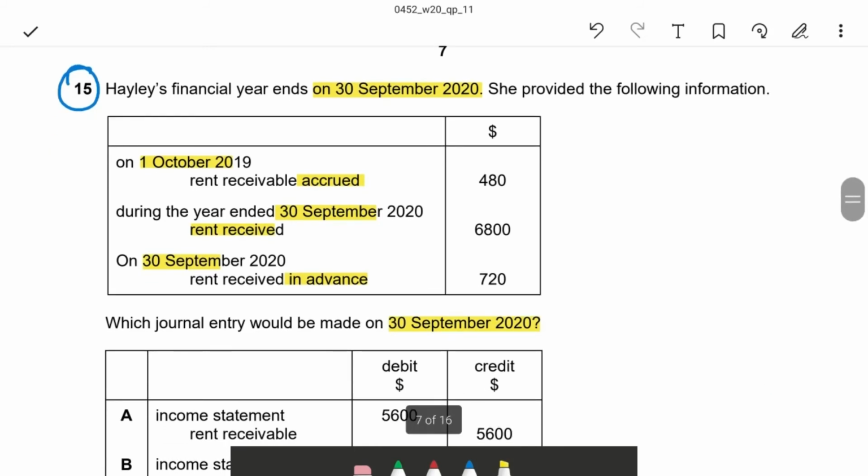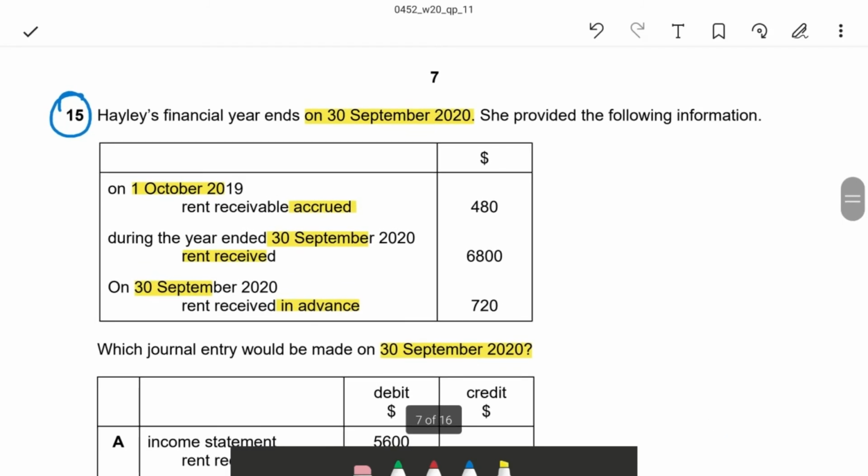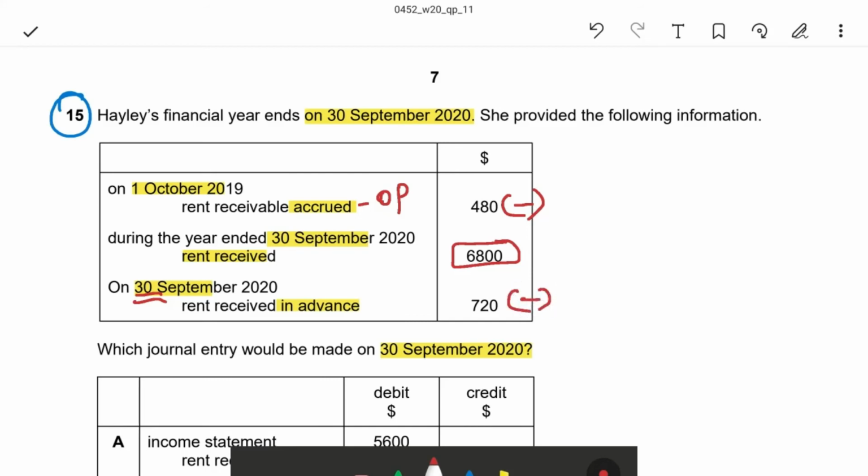Closing journal entry means income statement and rent receivable. Actual rent received is 6,800. Opening 1st October accrued: opening accrued will always be deducted from the current year. Then rent received in advance on 30th September means this is for the next year. So closing prepaid will always be deducted from the current year income statement.